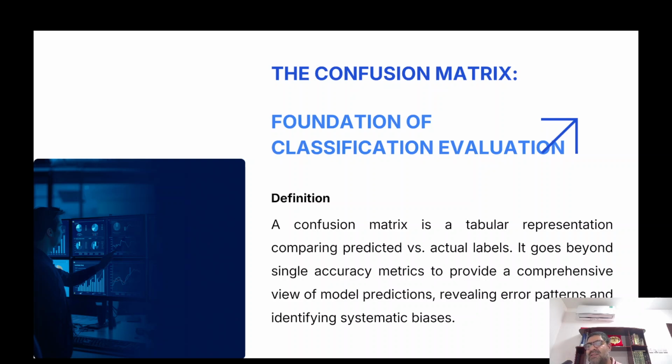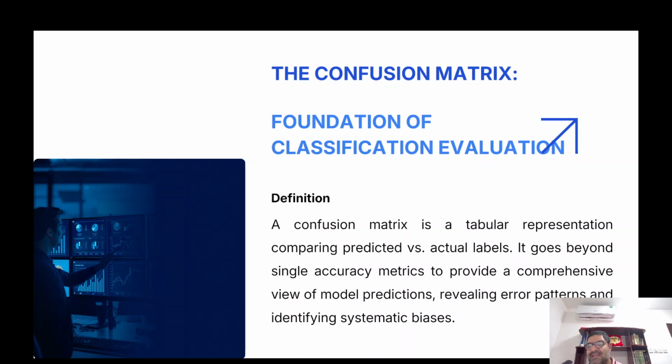It goes beyond a single accuracy metric. The confusion matrix gives you a much deeper, more holistic view of how a particular machine learning model has performed compared to single accuracy.